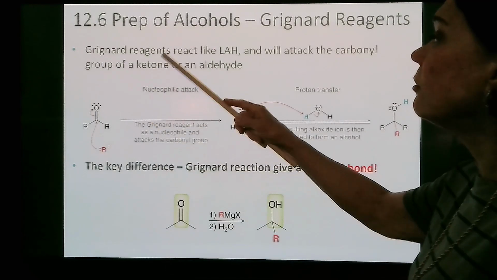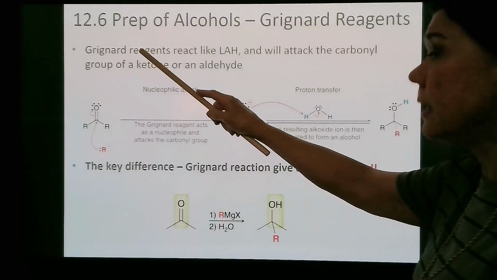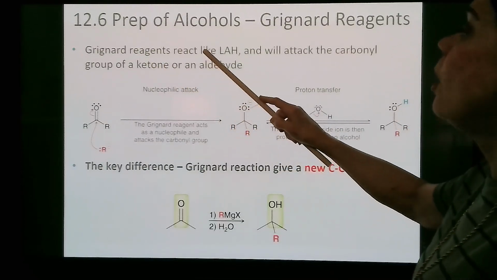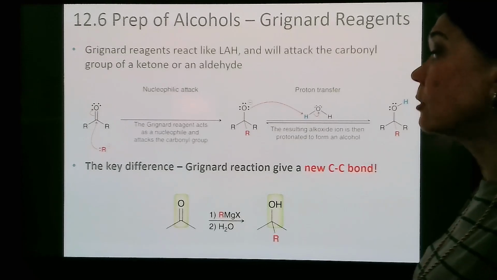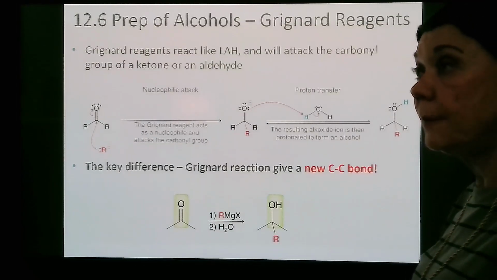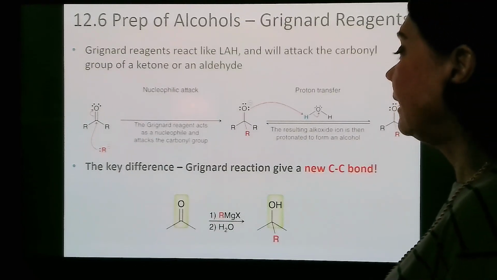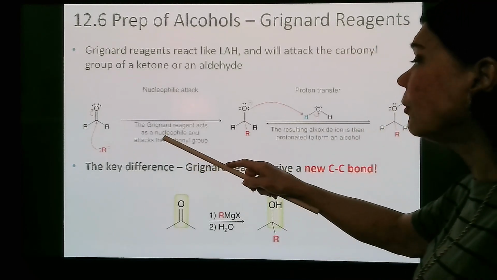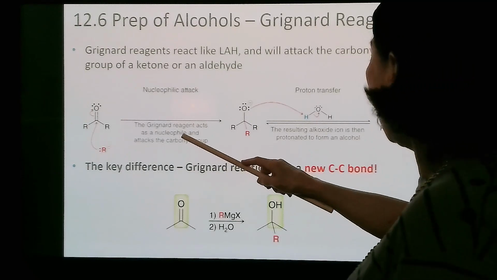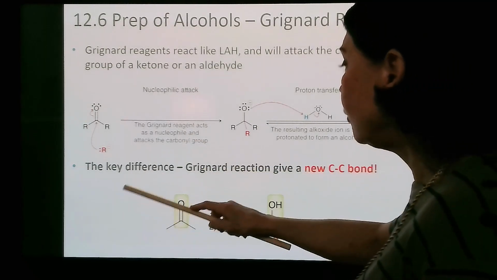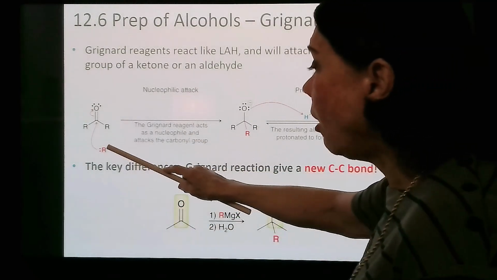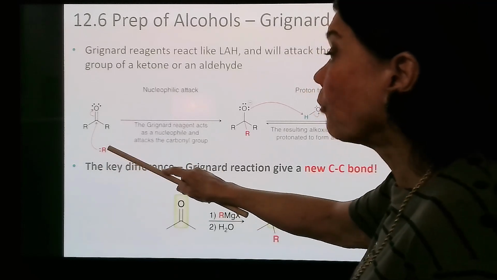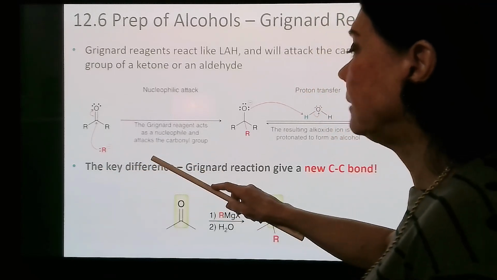So Grignard reagents react like LAH, and they're strong nucleophiles, just like LAH is a strong nucleophile. So here, the Grignard reagent functions by providing R minus, although it's not going to be a free R minus like what is depicted here.